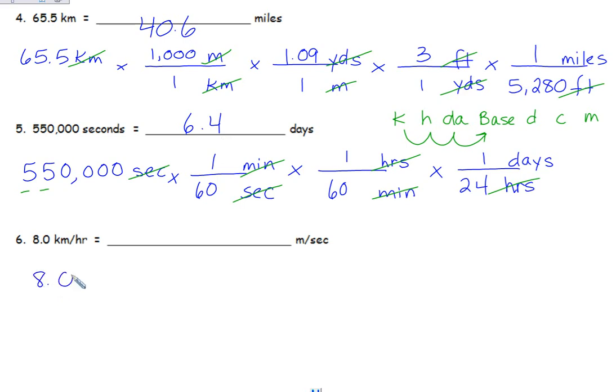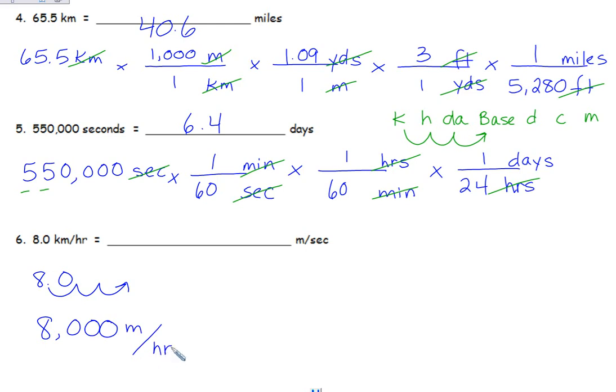8.0. I'm at kilo. I want to move it to the base unit meter. So again, it's like 1, 2, 3. I'm going to move that to 8,000. Now here's what's going to be interesting. So I'm going to list this as 8,000. And then I have it in units of meters per hour.